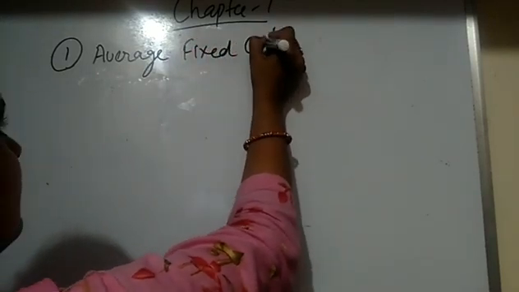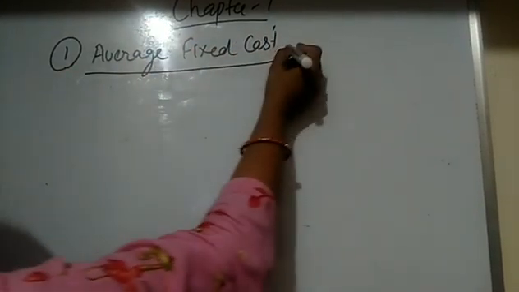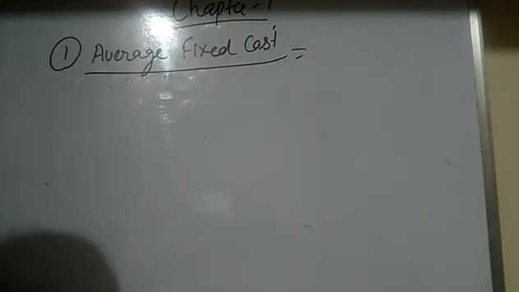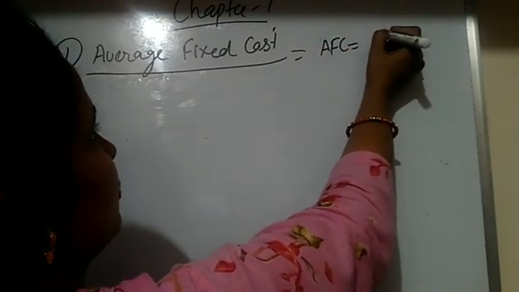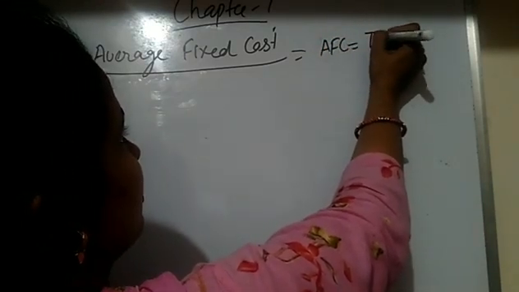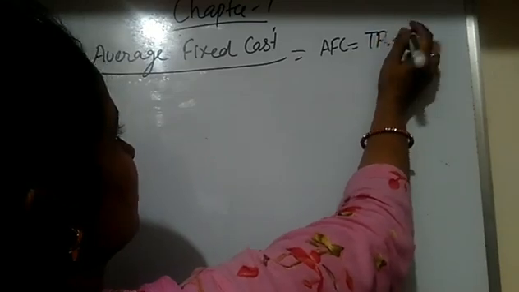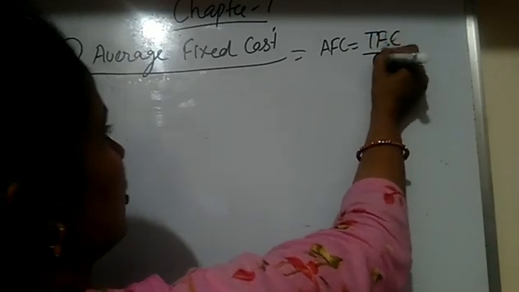As I told you, average fixed cost is cost per unit, equal to total fixed cost by quantity.